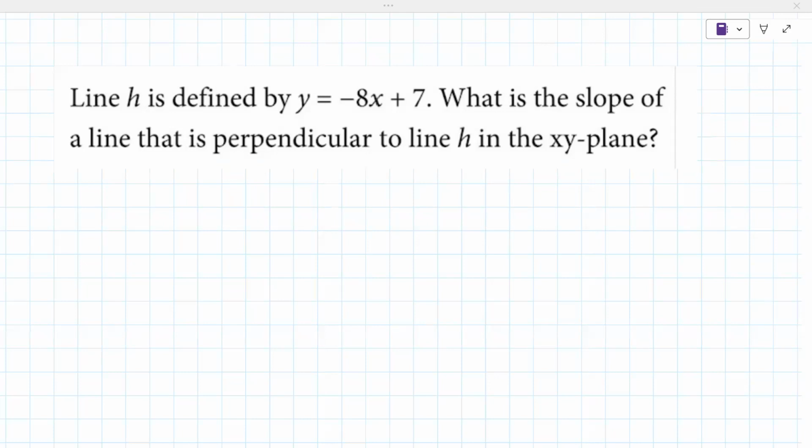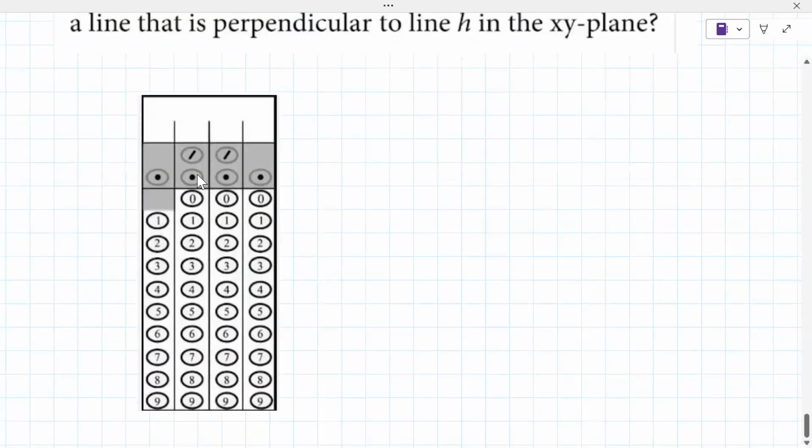Would that be 1/8? Now, if you haven't taken the test or it's been a while, I'm going to snip in the free response bubble. How would you fill in this free response bubble?